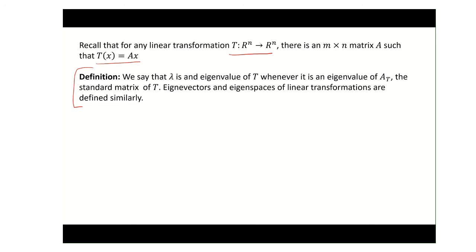Similarly, when we talk about transformations, we will often talk about the eigenvalues, eigenvectors, and eigenspaces of a transformation, and we're really just talking about the eigenvalues, eigenvectors, and eigenspaces of its associated standard matrix. So if you have a linear transformation and you're asked to find its eigenvectors, eigenspaces, or eigenvalues, just take the standard matrix for it and figure it out with that.